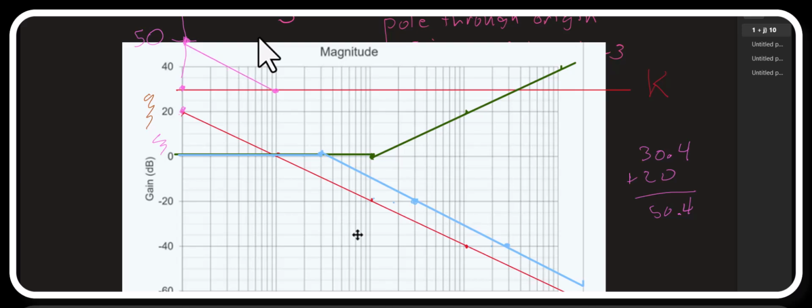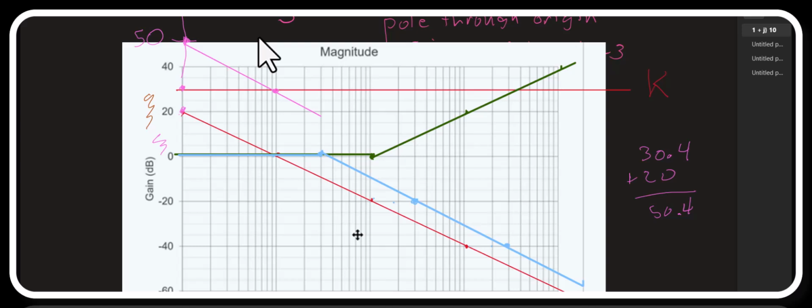Still, nothing else has changed. I still have a slope of negative 20 until I get to 3. So I'm going to keep going until I get to 3, at which point I now have something else that has a slope. I now have two things that have a slope of minus 20. So minus 20 plus minus 20 is minus 40.